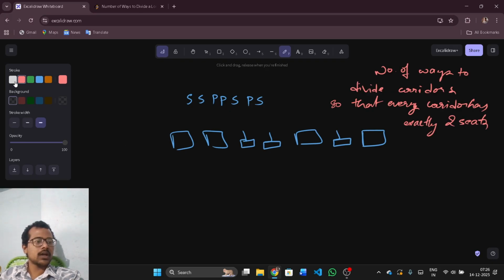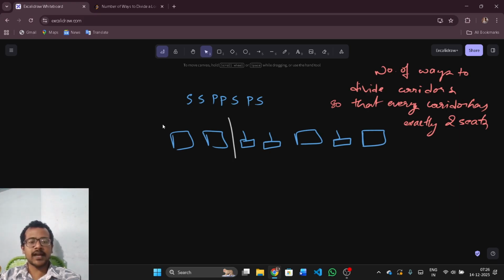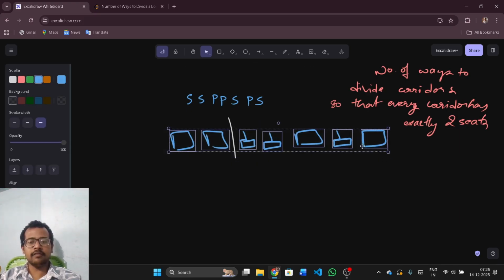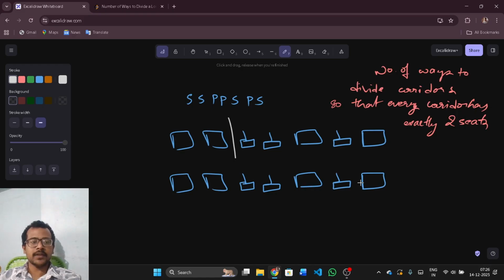Now let us see what the possibilities are if I divide like this. Okay, it's good. Now there is another way that I can divide it. Now there are two seats here, seats are squares, and two seats here, so that's good.